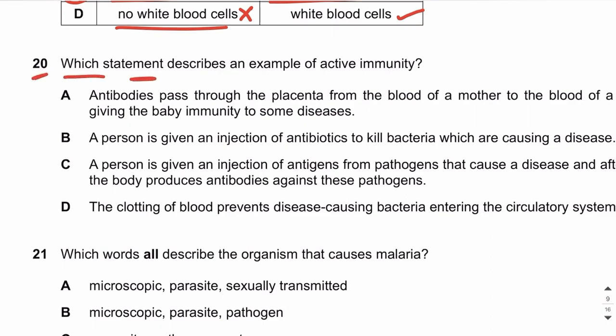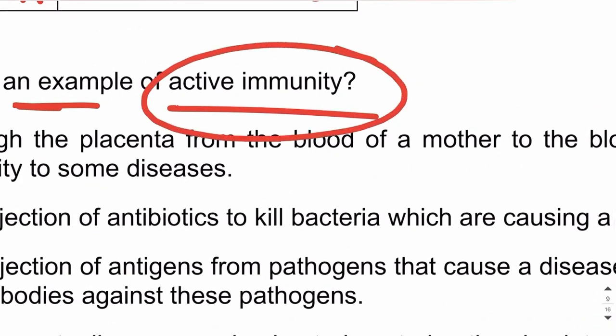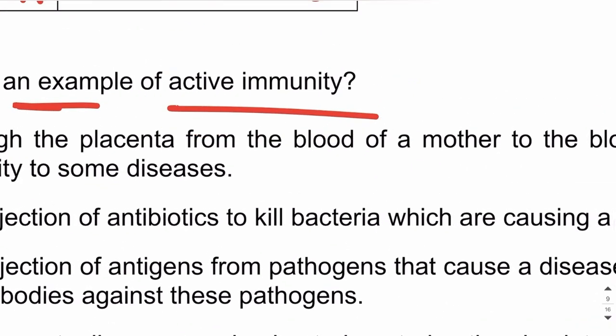Which statement describes an example of active immunity? So guys, if we talk about active immunity, what is active immunity? Active immunity is when an antigen enters the body naturally or an antigen is injected into the body. And when that antigen goes into the body, it causes the activation of lymphocytes and production of antibodies and production of memory cells.